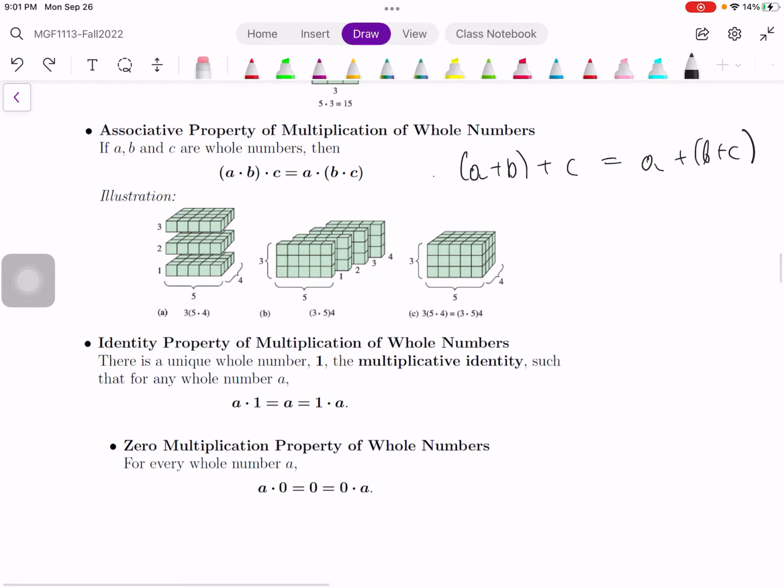So how do we demonstrate this associative property? Let's look at the left-hand side. It's A times B times C. For example, let's look at the problem 3 times 5 times 4. We want to show it's the same as if I multiply 3 times 5 first and then by 4.